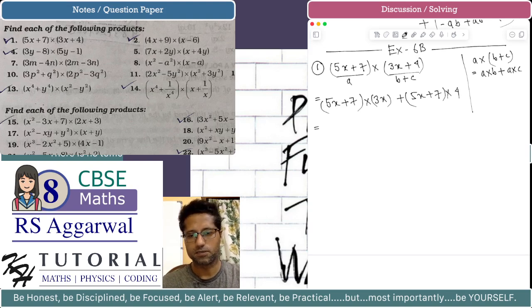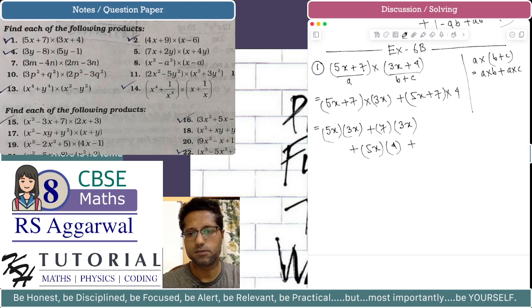Again, 5x plus 7 multiplied by 3x will be 5x multiplied by 3x plus 7 multiplied by 3x. We have plus 5x multiplied by 4 and plus 7 multiplied by 4. This is equal to 15x square plus 21x plus 20x plus 28.